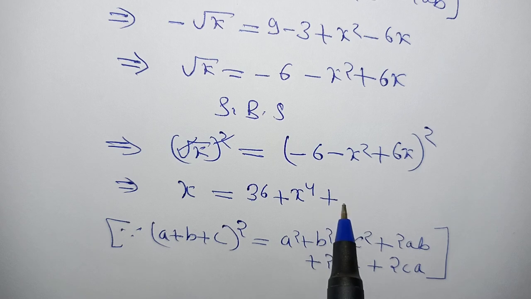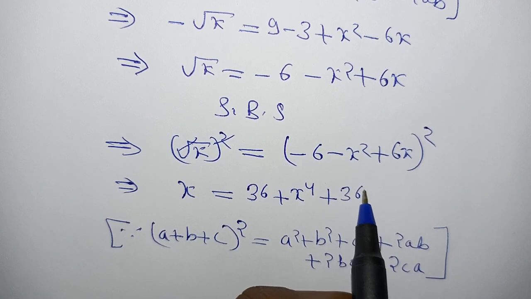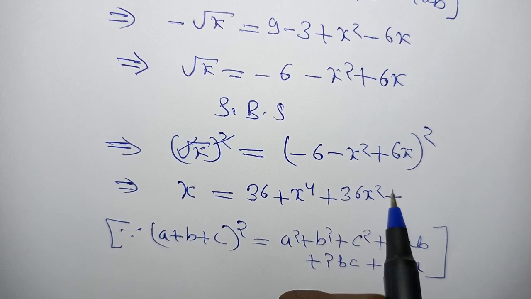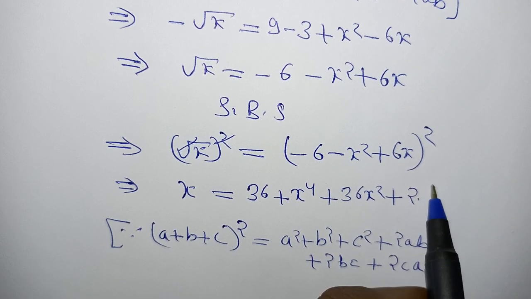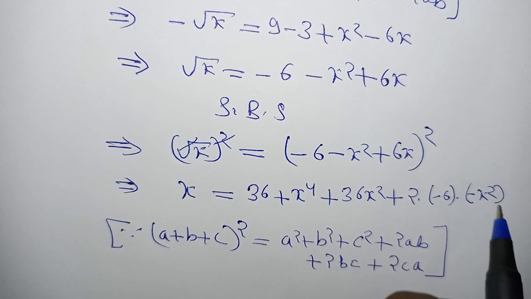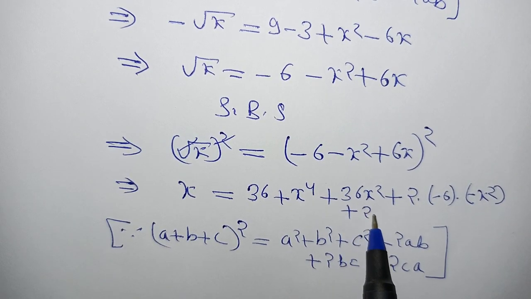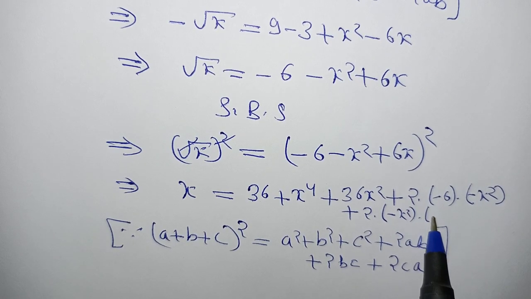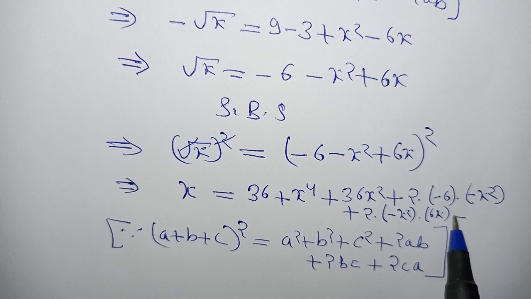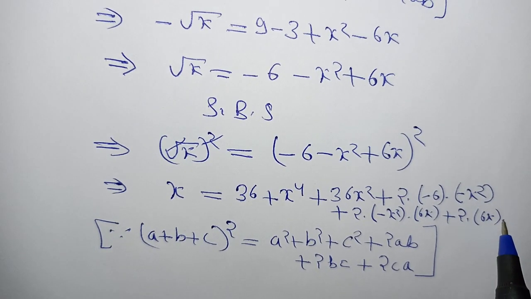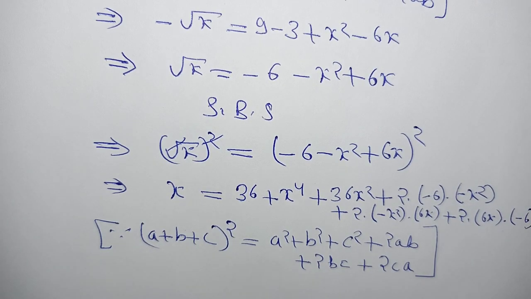square whole square will become 36x square, and then we have plus 2 times of minus 6 minus x square, plus 2 times of minus x square into 6x, plus 2 times of 6x into minus 6, right?